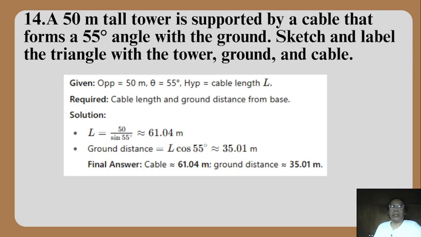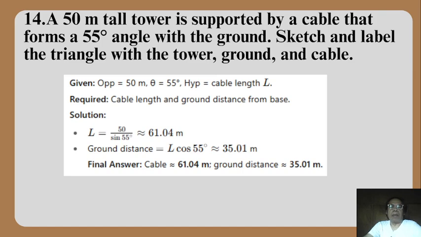So our solution, the L is equal to 50 meters over sine 55 degrees. The answer is 61.04 meters. The ground distance is L cosine of 55 degrees, which is approximately equal to 35.01 meters.